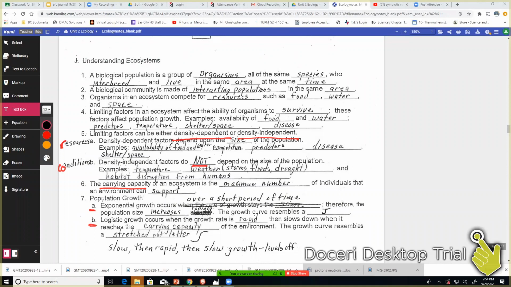The growth curve resembles kind of a J, and we'll see a picture of that in a minute. With logistic growth, it starts off rapid, but then it slows down when it gets to that carrying capacity, and then it kind of levels out. So that growth curve will resemble kind of a stretched out S. And there are pictures of that on the next page.